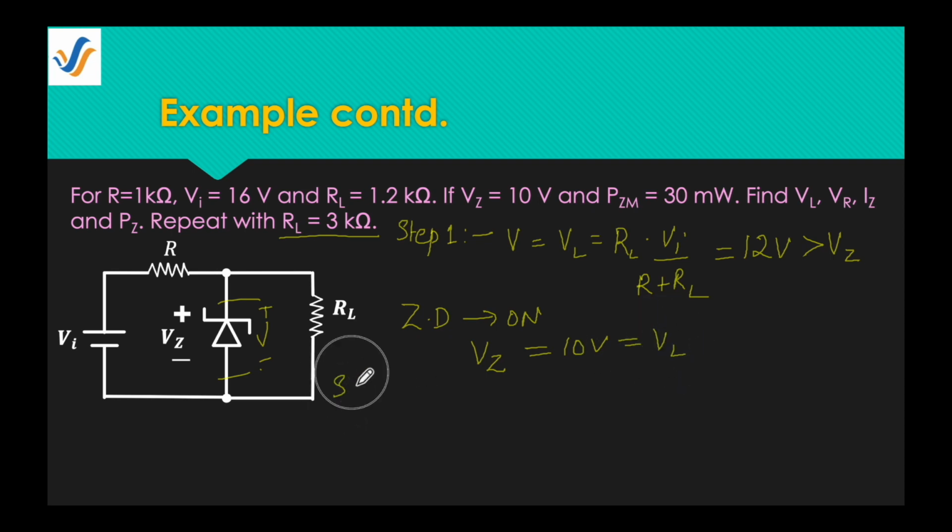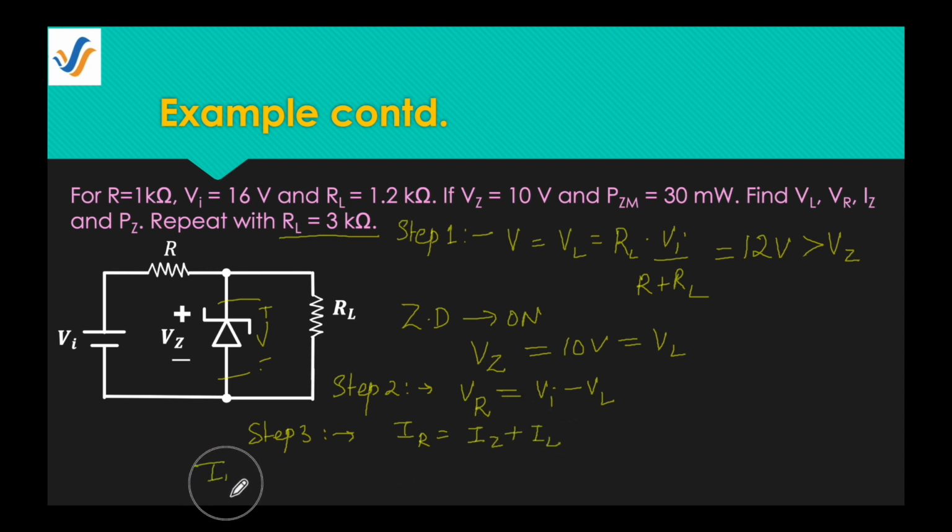Now what was the second step? The second step is to know the voltage drop across the resistor, and it is VI minus VL. And the third step was to know the current, so IR is equal to IZ plus IL, where IR is VR upon R and the load current is given by VZ upon RL.